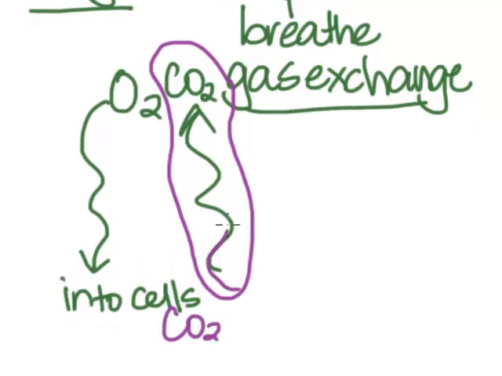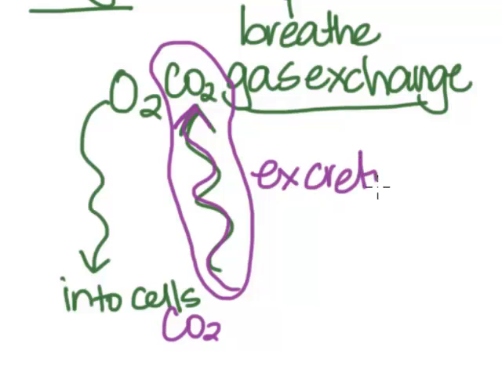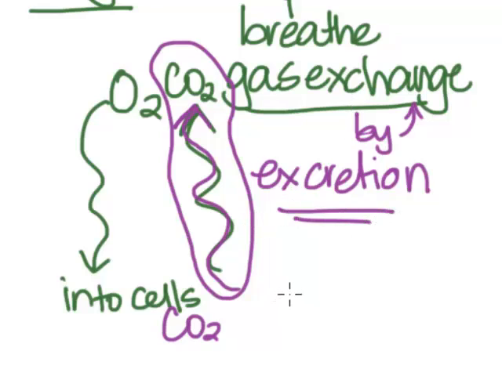The way that the body gets rid of the carbon dioxide is in fact a form of excretion by gaseous exchange. And so all the work that we've been doing over the last few lessons has looked at the way the lungs are involved with excretion.